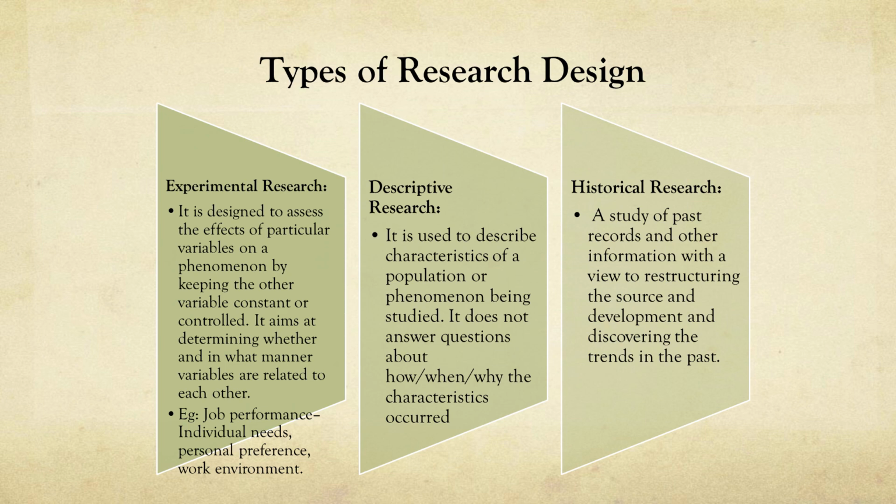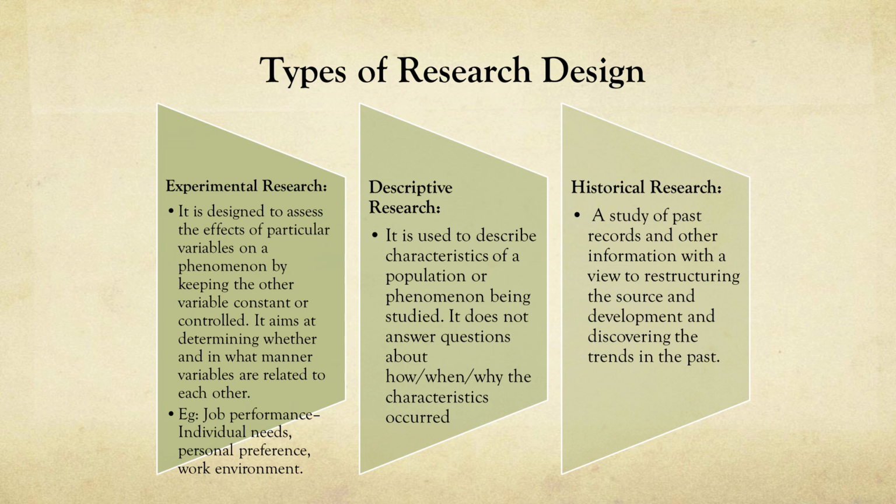The second type of research is descriptive research. This type of research tells you the who, what, why, when, where and way. These are the 6 W's. The objective of this research is to fulfill these 6 W's. So, in short, if we identify all the 6 W's for any problem, we call it descriptive research.